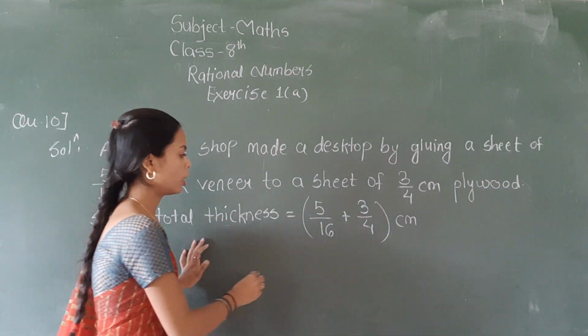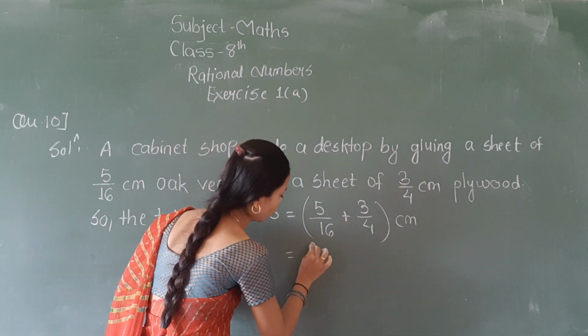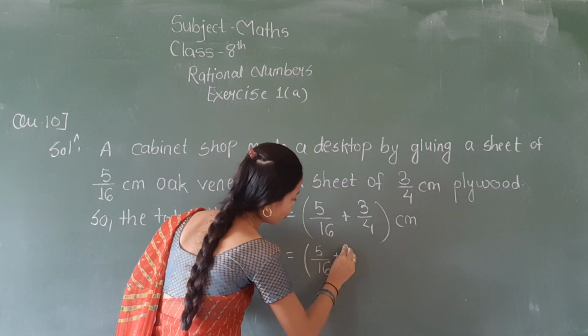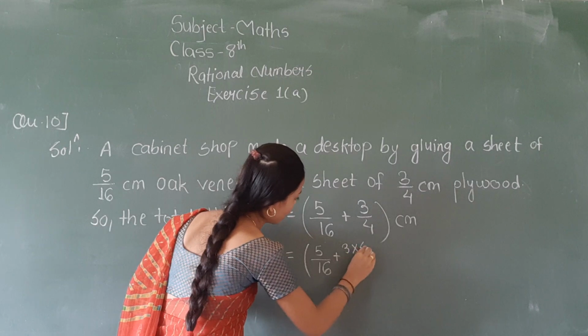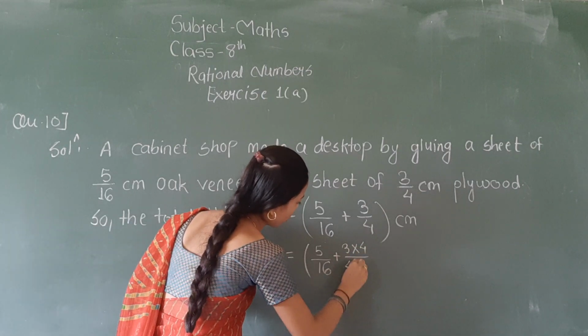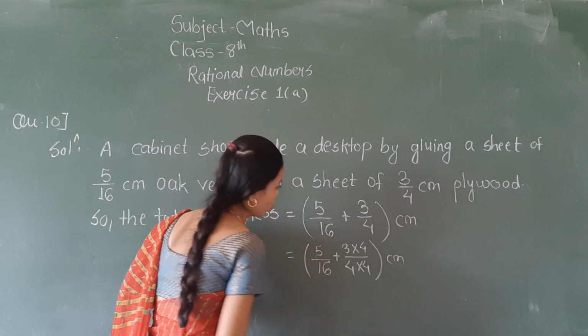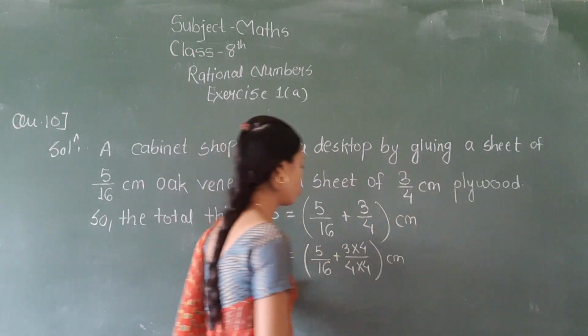So when multiplying this 4 with 4, our answer is 5 upon 16 plus 3 into 4, and in the denominator 4 multiplied by 4 centimeter. Okay. So what will be your answer?